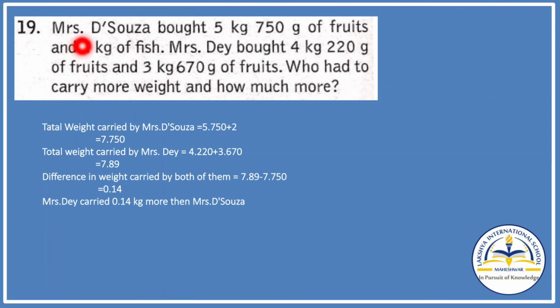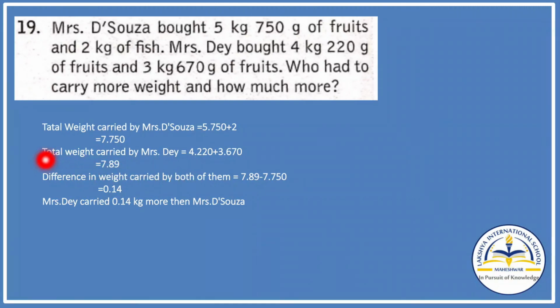Now Mrs. D'Souza bought 5 kilogram 750 gram of fruits and 2 kilogram of fish, it means 5.750 plus 2, it means 7.750.